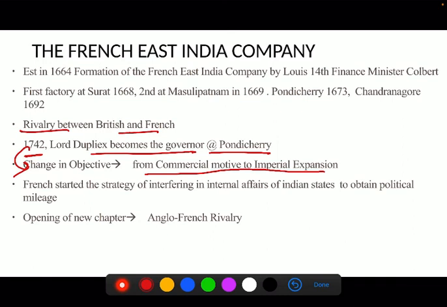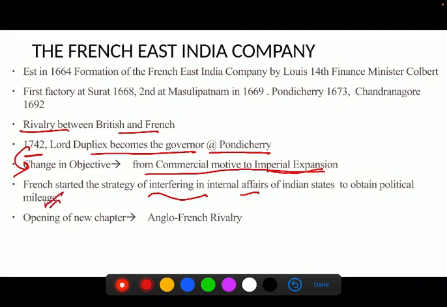With the idea of divide and rule, the British East India Company became able to rule the whole of India. Before Dupleix, the intention of the French was not imperial expansion; they just wanted to do trade. Finally, the French started the strategy of interfering in the internal affairs of Indian states to obtain political mileage.